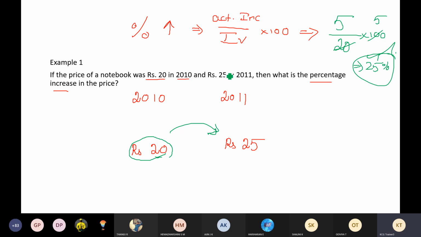Clear with this question, everyone? This is how you're supposed to find out percentage increase. Clear? Excellent. Superb then.